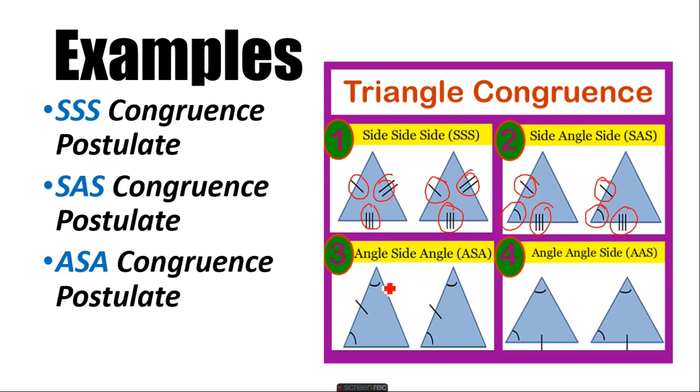In the angle side angle, or the ASA, you have the angle, then the side in between the two angles, making it ASA. And also, we have the angle angle side, so we have this angle, and then the side that is not between the two angles. Alright, we're just going to discuss more of this as we proceed with our discussions.